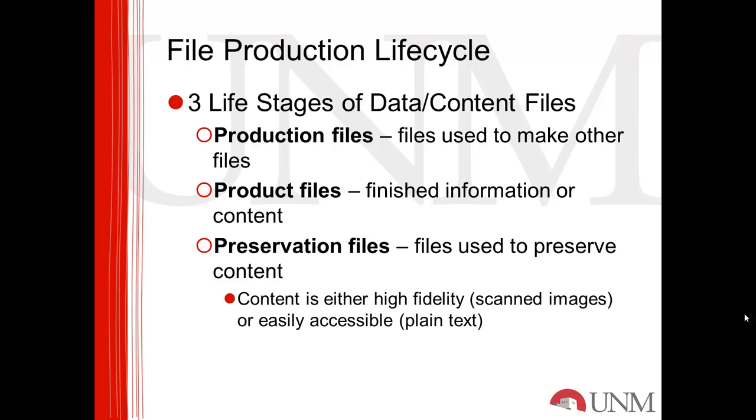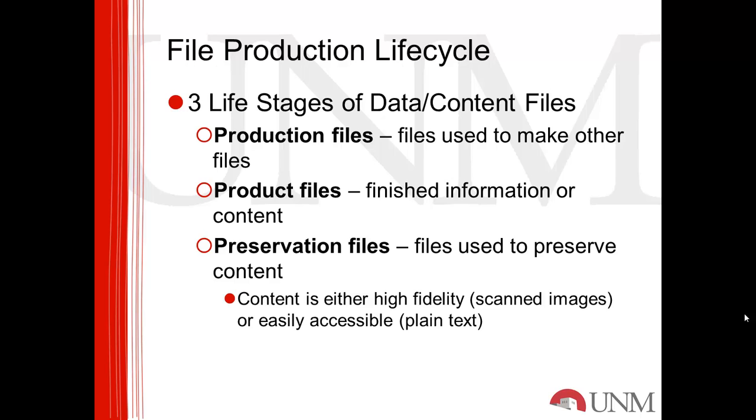First, the files are in production, so you don't usually start with a finished file. Usually when you're producing information, even something like a term paper for a class, you usually have several different files that go into your final product that will be a file, but it'll be a product file instead of a file that's an element of that product.